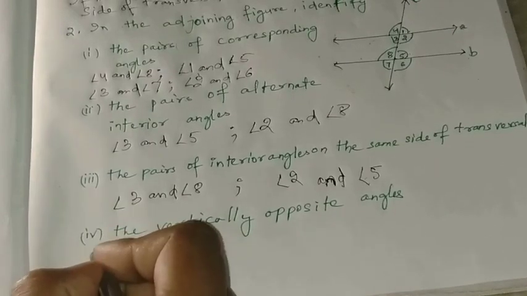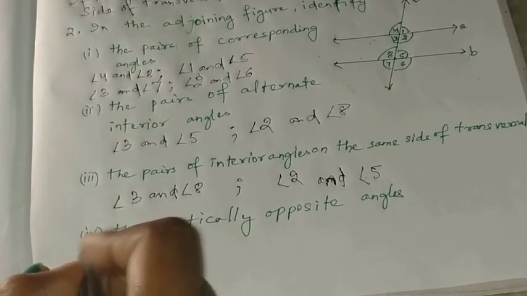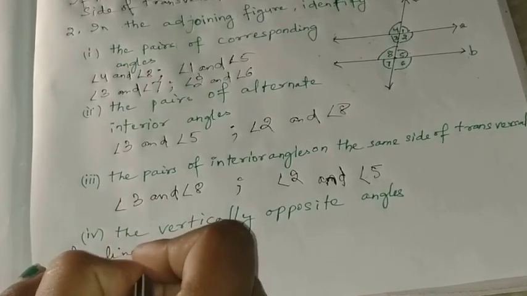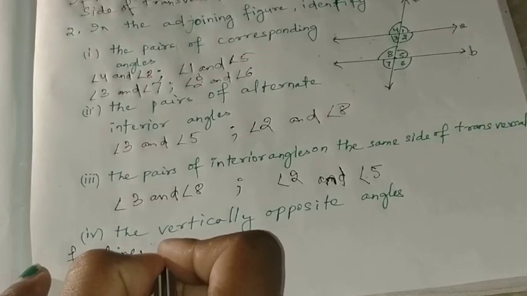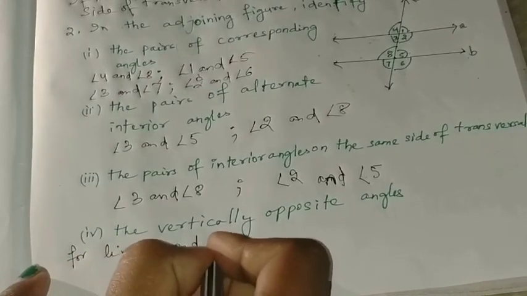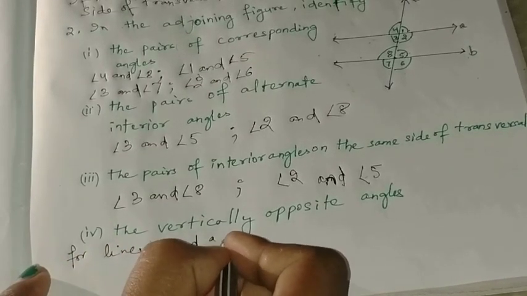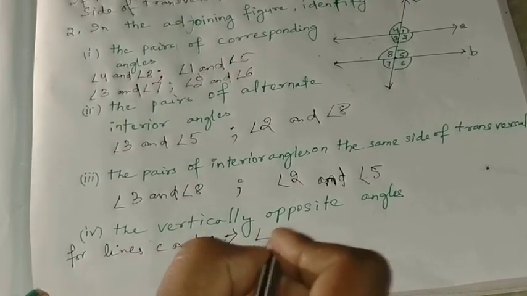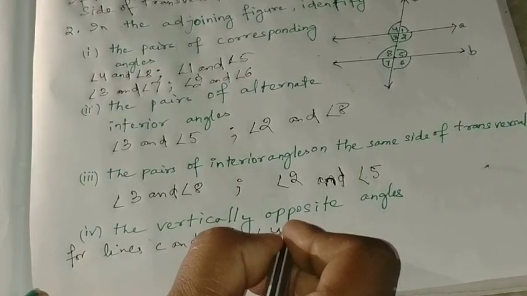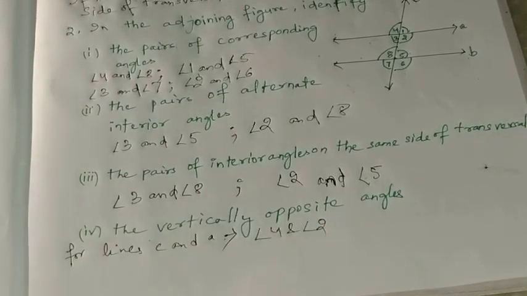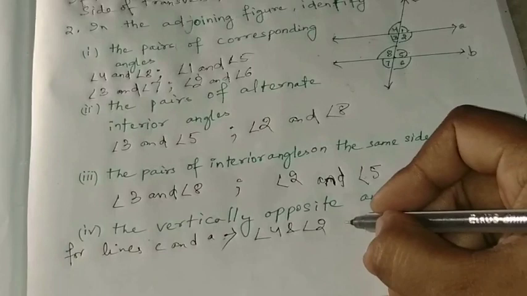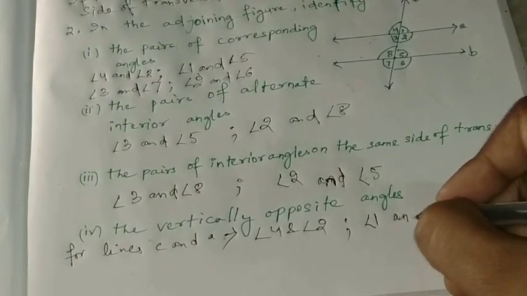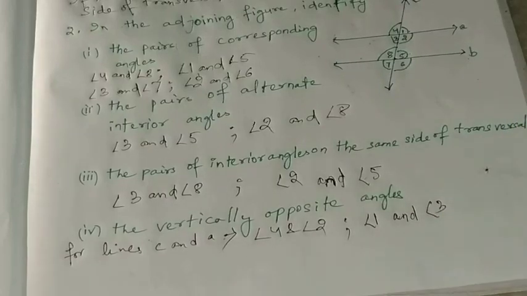You will write for lines C and A, the angles are angle 4 and angle 2. Okay, so these are vertically opposite angles. Another one is angle 1 and angle 3.